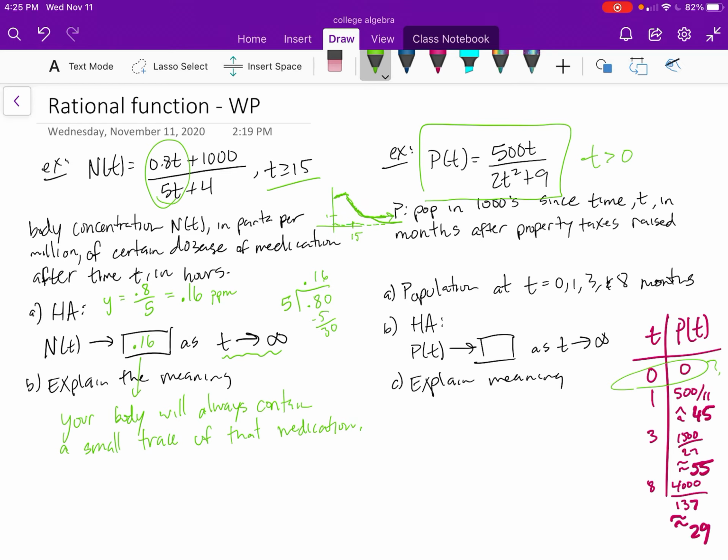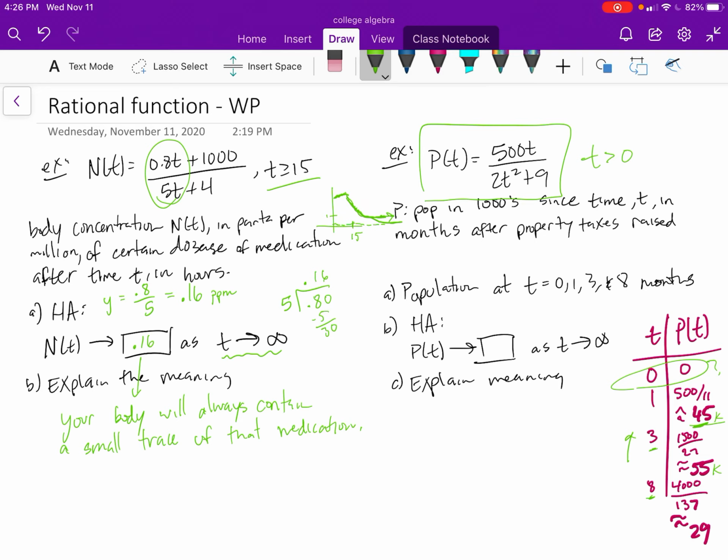All right, so the first month goes by after property taxes were raised. We have 45, and it's in thousands, and I just rounded. I know there's some other decimals, but about 45,000, 45K. In month 3, so when t is 3, we have about 55K. So property taxes were raised, and the population is still going up at that time. But then notice that by month 8, maybe it took them some time to sell.